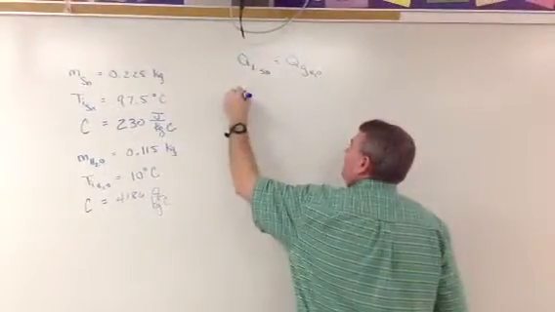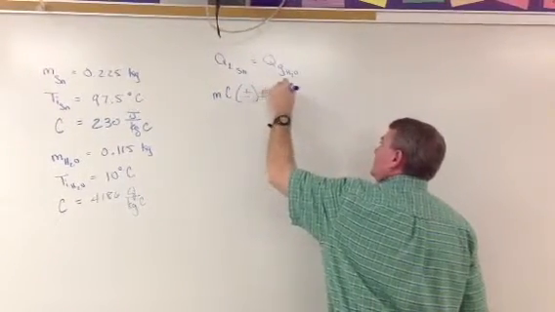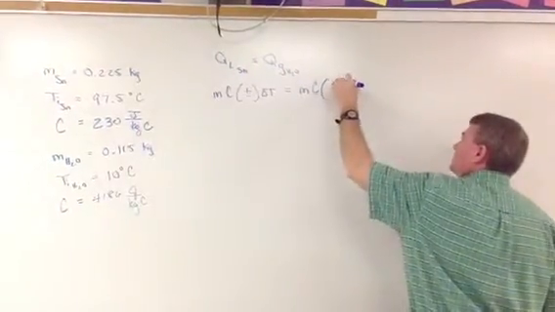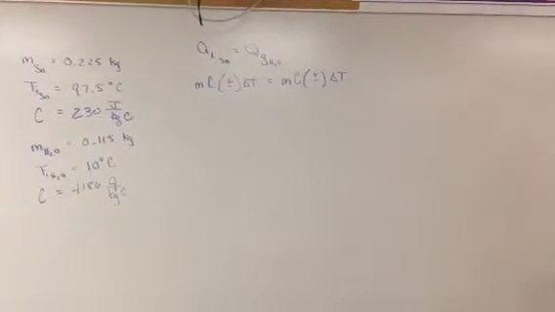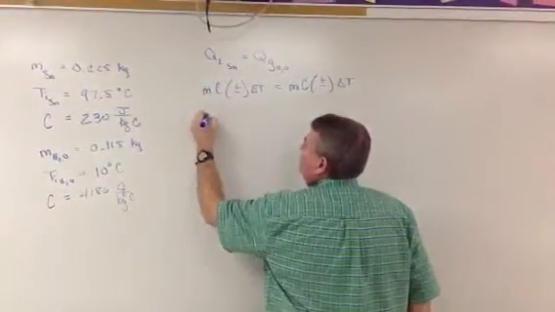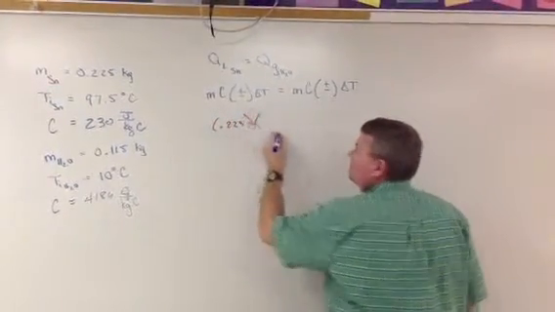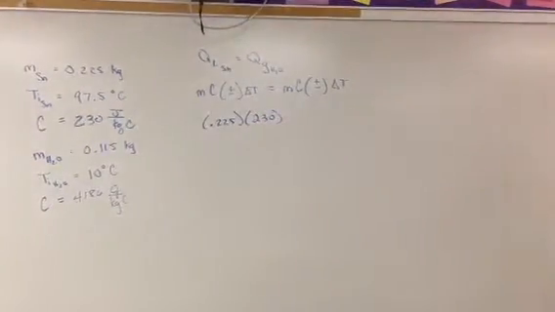And we write MC plus or minus delta T is equal to MC plus or minus delta T. Now, the mass of the tin is 0.225. Specific heat capacity is 230. And now we need to think about the change in temperature.